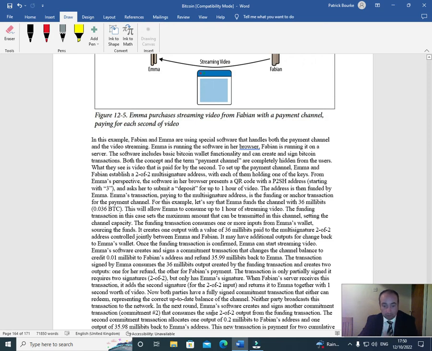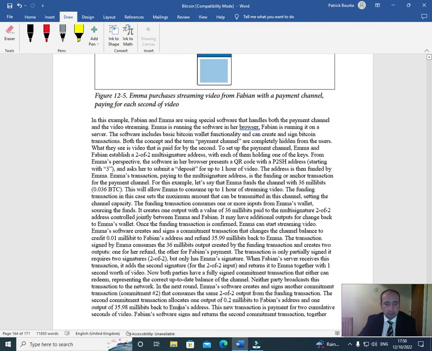In the next round, Emma's software creates and signs another commitment transaction, commitment #2, that consumes the same 2 of 2 output from the funding transaction. The second commitment transaction allocates 1 output of 0.02 millibits to Fabian's address and 1 output of 35.98 millibits back to Emma's address.